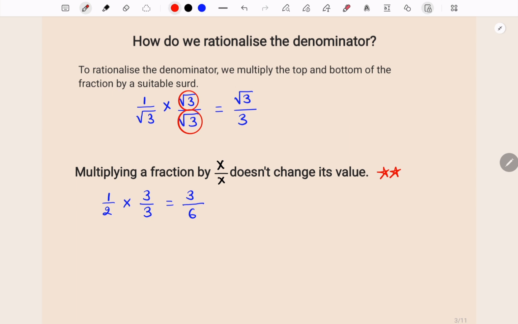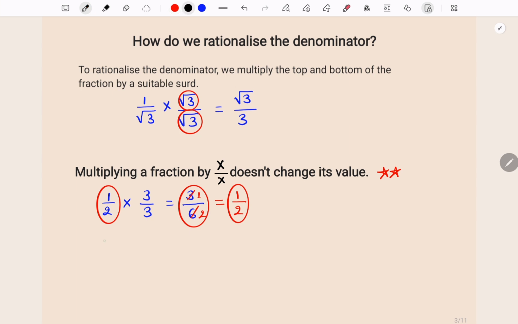Now if you simplify this new fraction, that is 3 over 6, we will get 1 over 2 because 3 multiplied by 2 is 6. So we started with 1 over 2, and after the simplification we are left with 1 over 2.